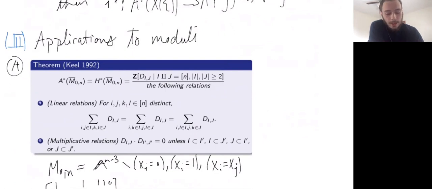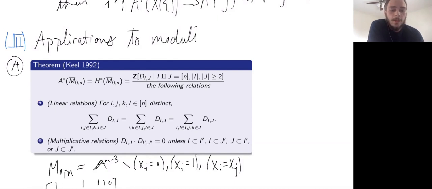What this says is that the Chow ring of the moduli space of stable n-pointed rational curves is generated by the classes of these boundary divisors, and the only relations here are the obvious ones that I've written down here.